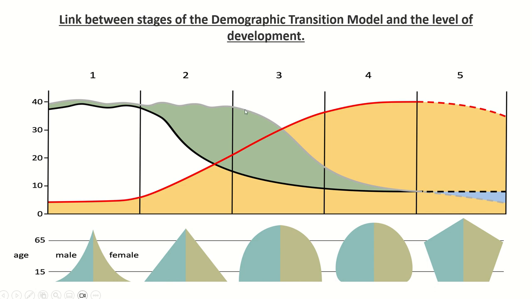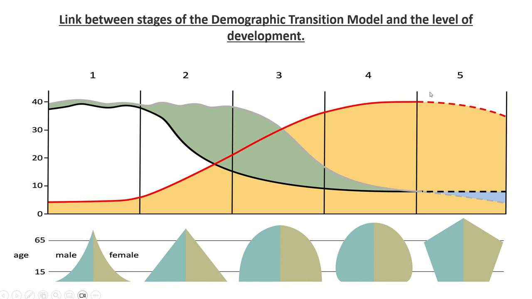But you'll notice the birth rate is also starting to fall now. Women are being emancipated. They are starting to have education up to a certain age. They are starting to enter the workplace. Family planning is more readily available. But even though the birth rate's dropping, it's still higher than the death rate, and so the population increases.